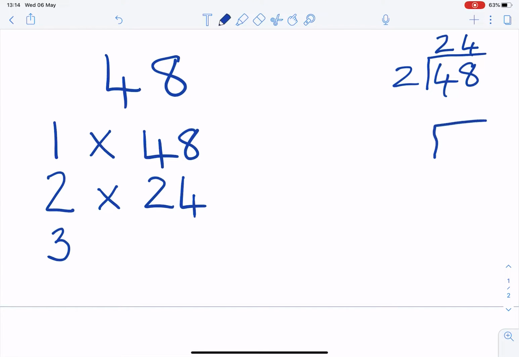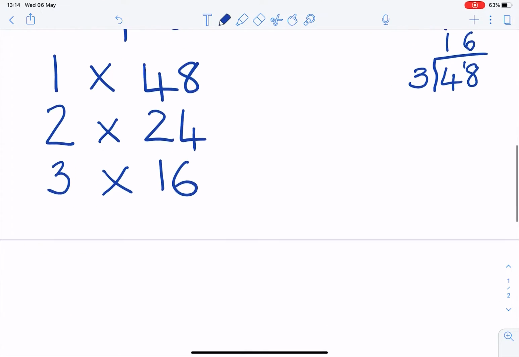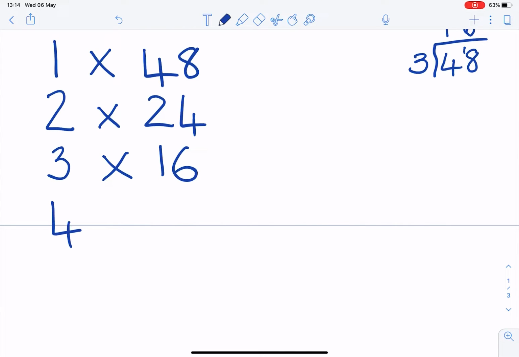If you're not sure whether 3 fits perfectly into 48, do a divide sum. 3 into 4 goes once, remainder 1. 3 into 18 goes 6 times. So yes, 3 times 16 equals 48. Let's look at 4. Does 4 fit into 48? Well, if you know your 12 times table, you know that 4 times 12 is 48.